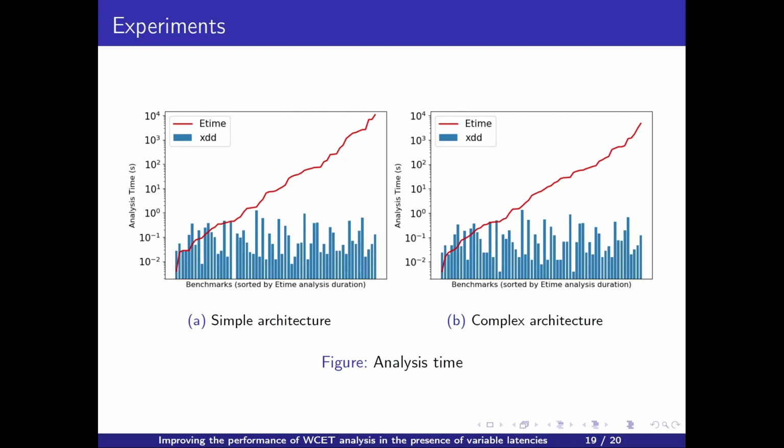We had to cut each block into smaller blocks containing a maximum of 15 events because eTime would not be able to finish in a reasonable time beyond 15 events. Even in such conditions, XDD shows impressively better performance than eTime on most of the benchmarks. eTime is only slightly better on the smallest benchmarks, which take very little time compared to the others.